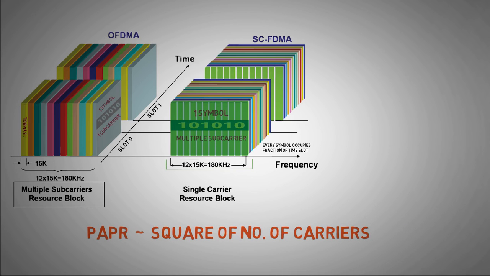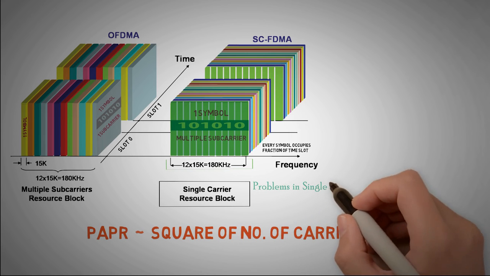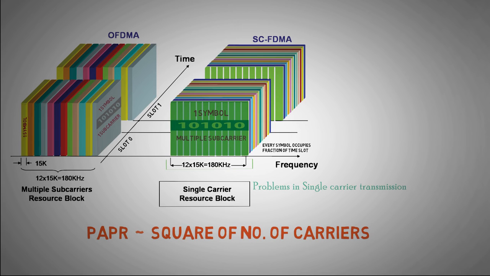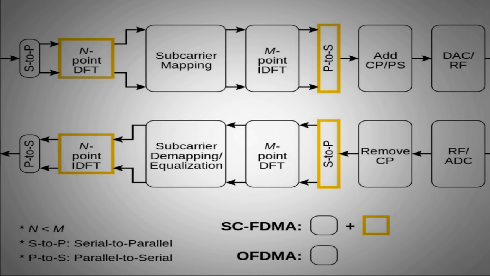SC-FDMA reduces PAPR by reducing the number of carriers. Obviously, there are problems in single carrier transmission as we discussed earlier, but the side effects are reduced by ensuring that the total bandwidth over which a symbol is transmitted is still not too high. Apart from this, the remaining blocks in the uplink direction are the same as used in the downlink direction.